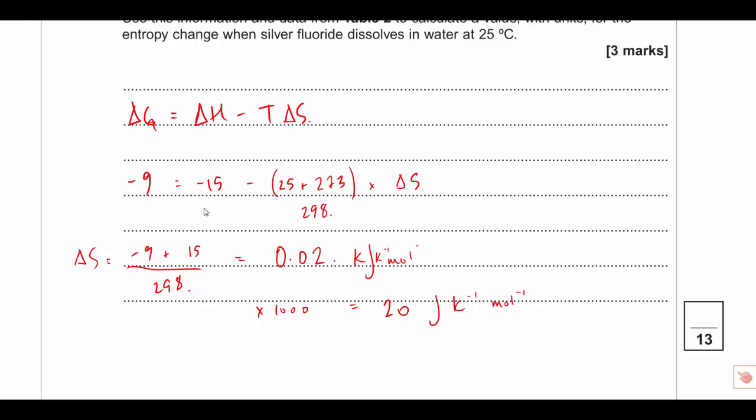Rearrange your equation. I've not done any factors of multiplying and all the rest of it. I've done left up to the end because it's obviously delta S where we get our different units, with joules normally. Kilojoules per mole here is fine. Stick the numbers in, divide them by the temperature to give you our delta S, which is in kilojoules per Kelvin per mole, or basically convert it to joules, and that should be reasonably straightforward.